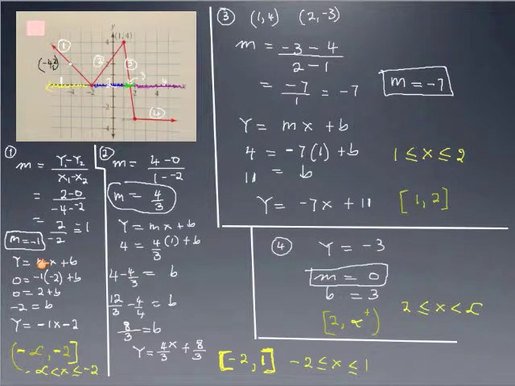In the equation y equals mx plus b, I used the slope right here. This is actually -1. The negative is kind of hiding behind the equal sign. Using this point here, (-2, 0), 0 for y, -2 for x, we can figure out the b.